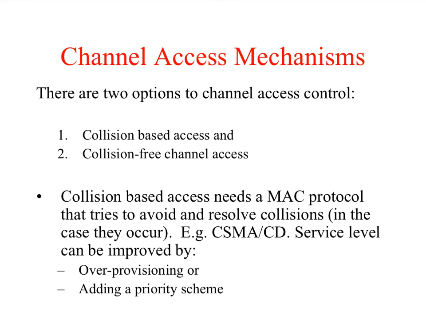What I essentially did in that case is that I give more priority to people with low delays to access the channel more than the higher delays. So in that case, we're adding a priority scheme.